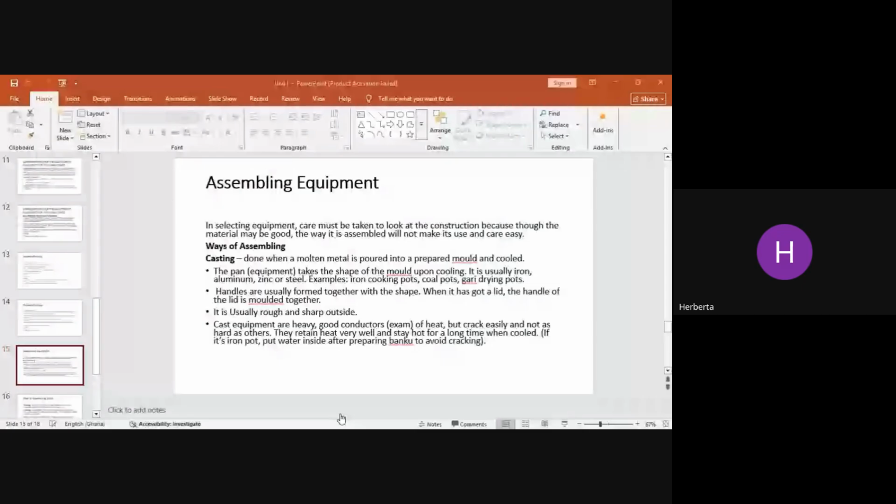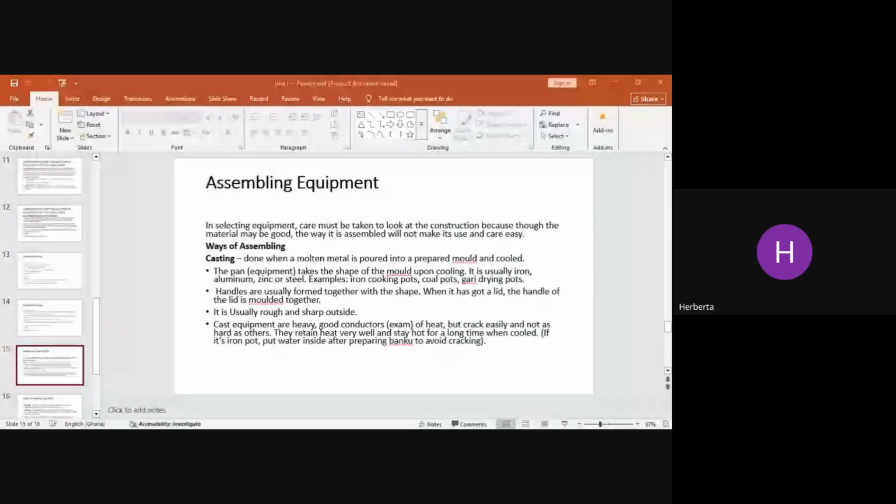How are these equipment made? This one is with specification to saucepans. Specific to only saucepans, how saucepans are made.